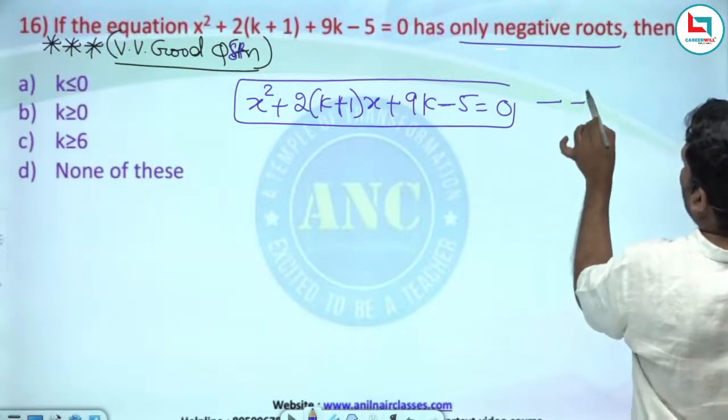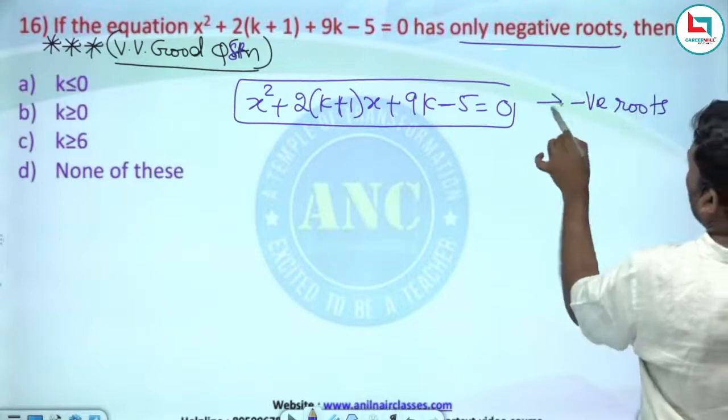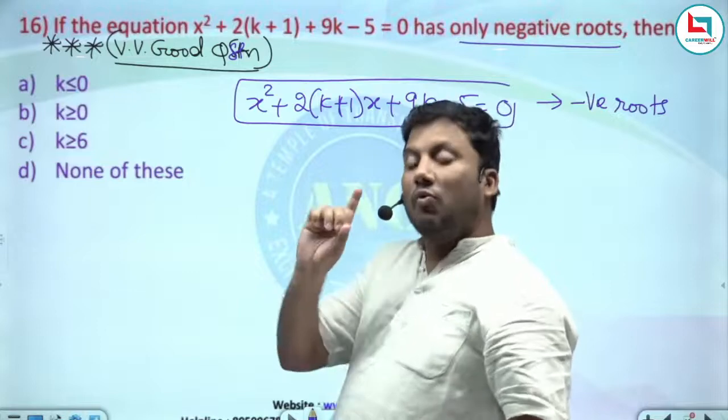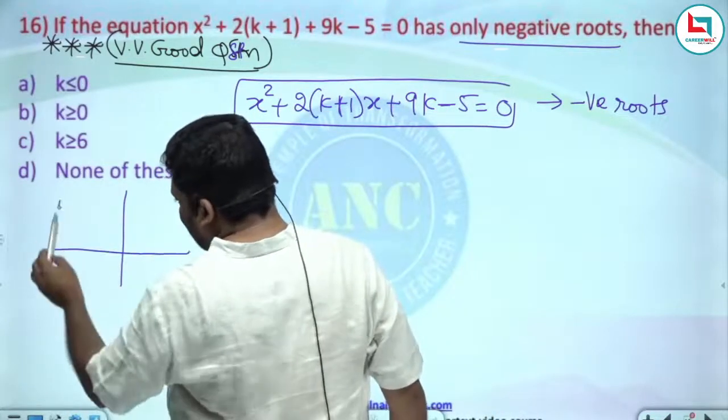It has got two roots, both are negative. That means root means y coordinate, it is 0. That means the graph is like this.